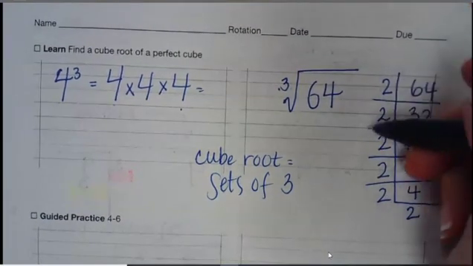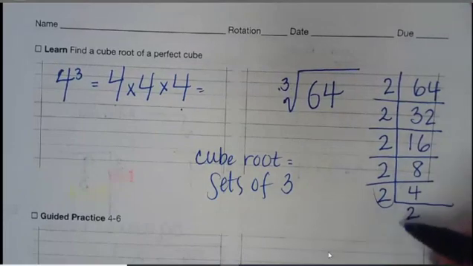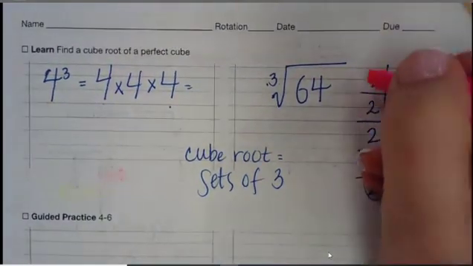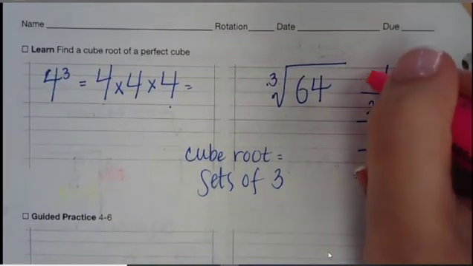But see, I have 3 different 2's here, and then I have another 3 here, so it works. So then I go every third group because I'm looking for sets of 3.